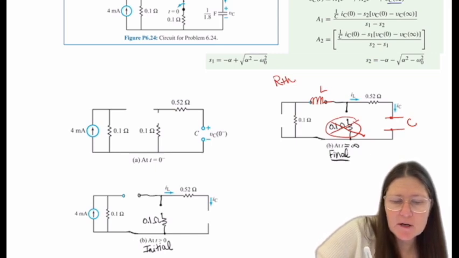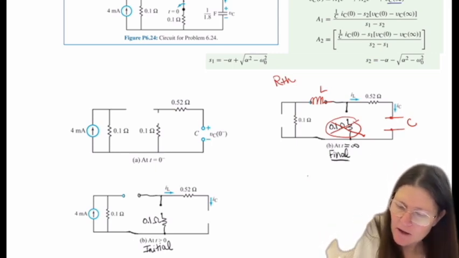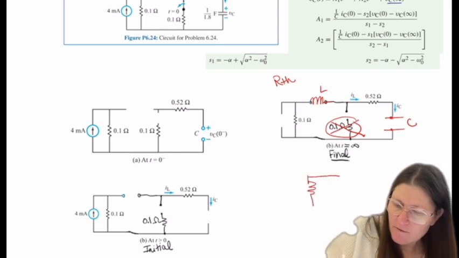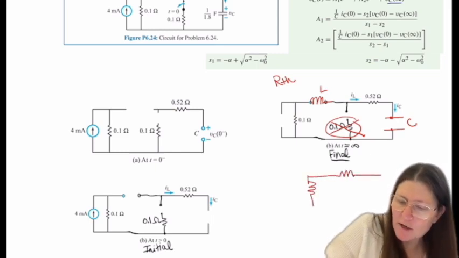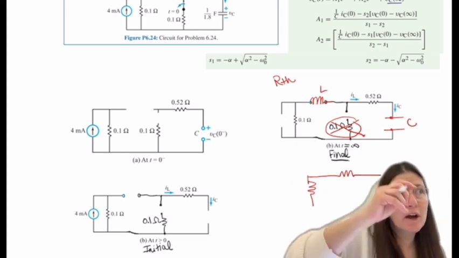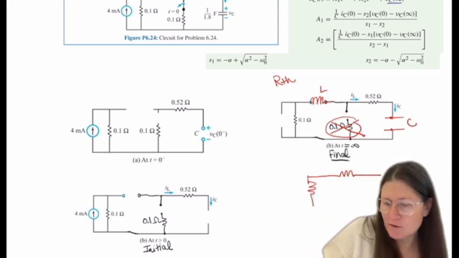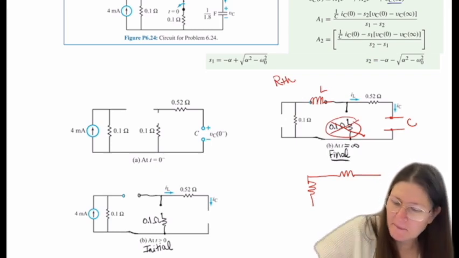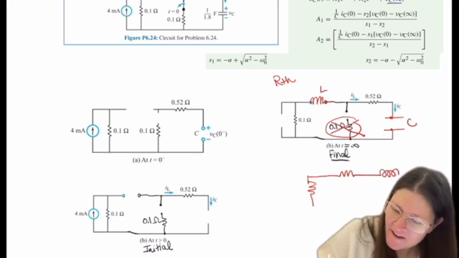So from here, I know they're in series. So in series, I can move elements in my branch around.